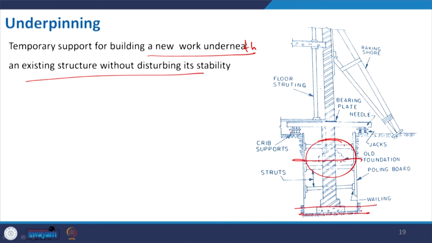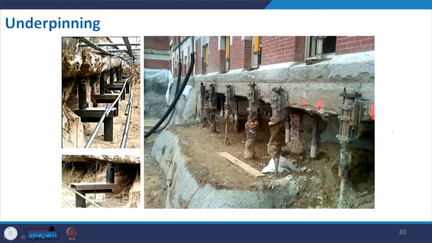For that, the whole superstructure is to be supported with props, with the racking shores, with horizontal and vertical support. These props are used to support the slab and all. Basically, whenever we do any alteration and give support to the superstructure, this particular arrangement is called underpinning.